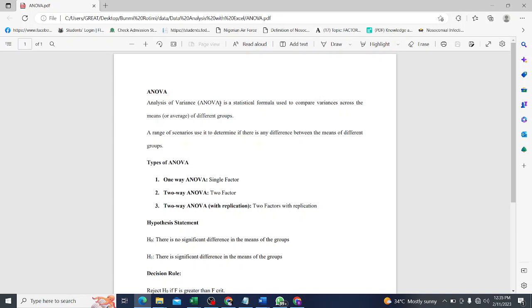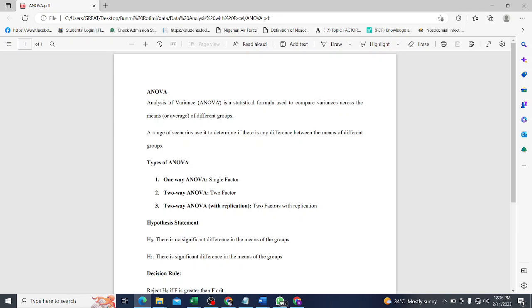It is used to determine if there is any difference between the means of different groups. That is, when the groups are more than two.